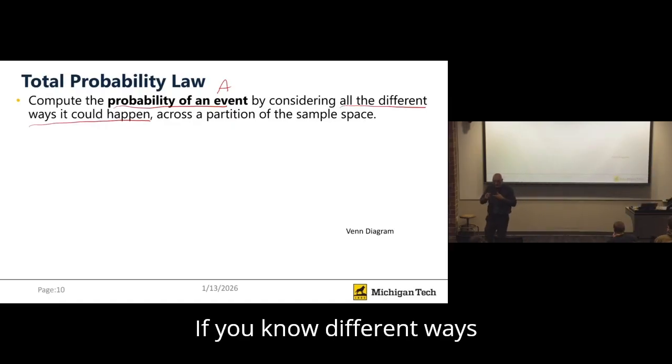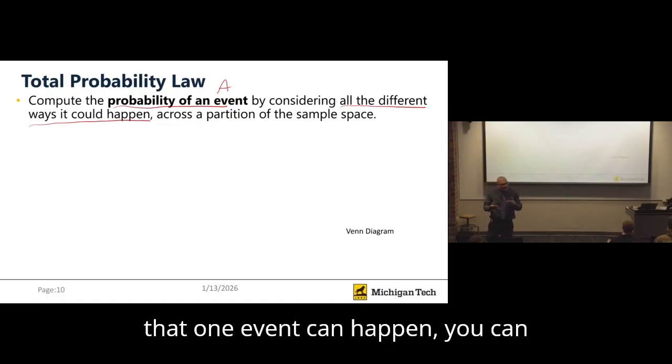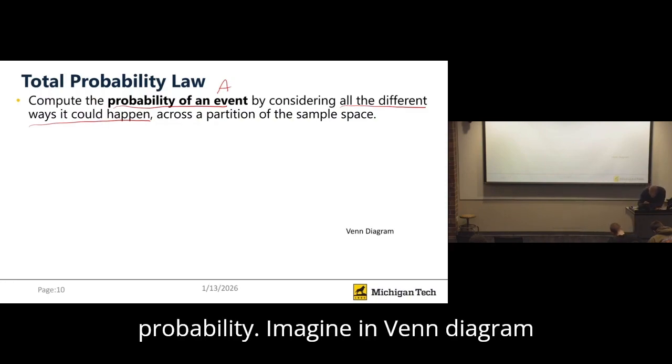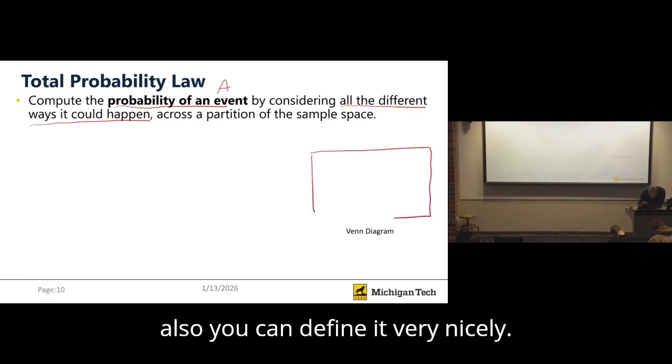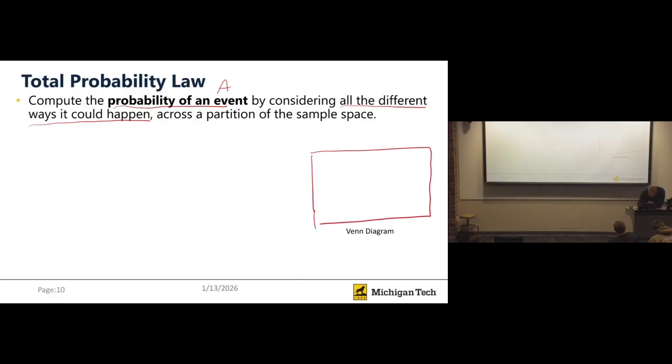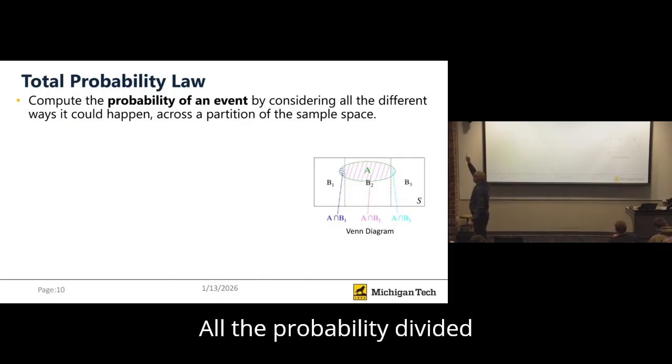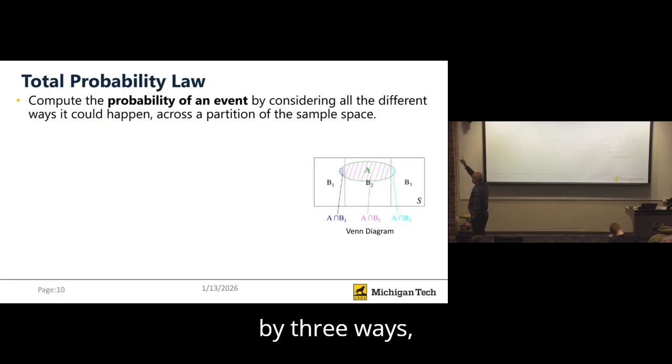If you know the different ways that one event can happen, you can use total probability. Imagine, in a Venn diagram you can also define it very nicely. In this Venn diagram, all the probability is divided into three ways, B1, B2, and B3.